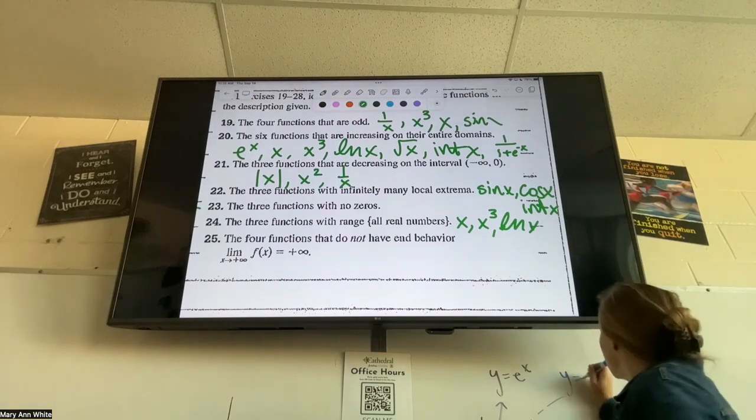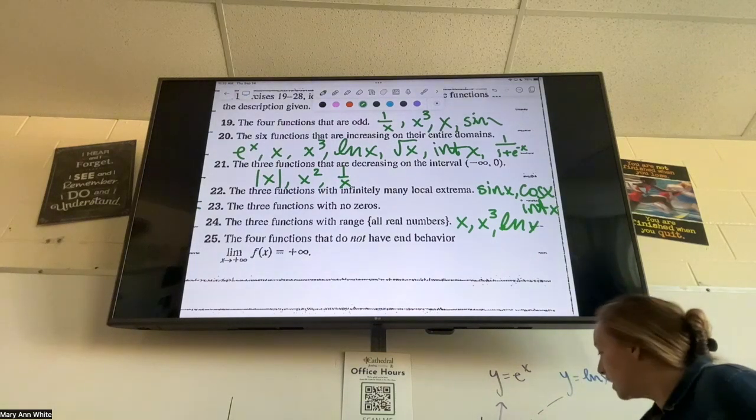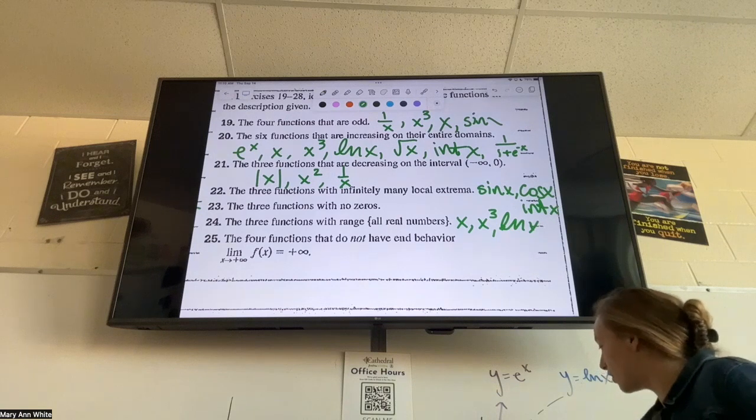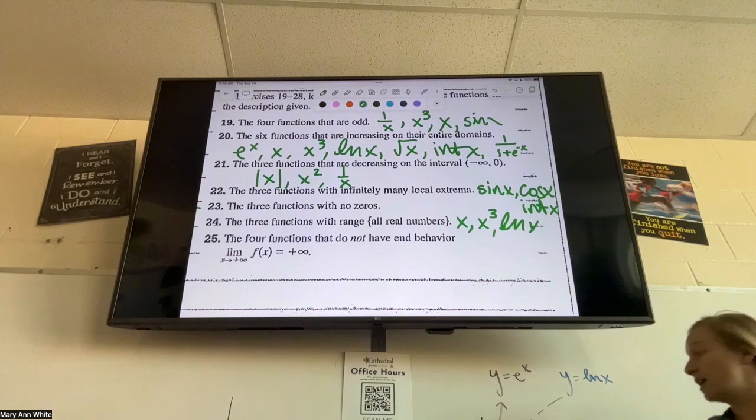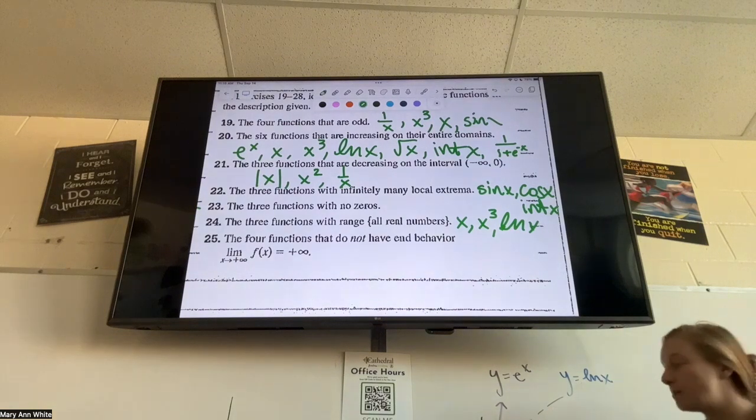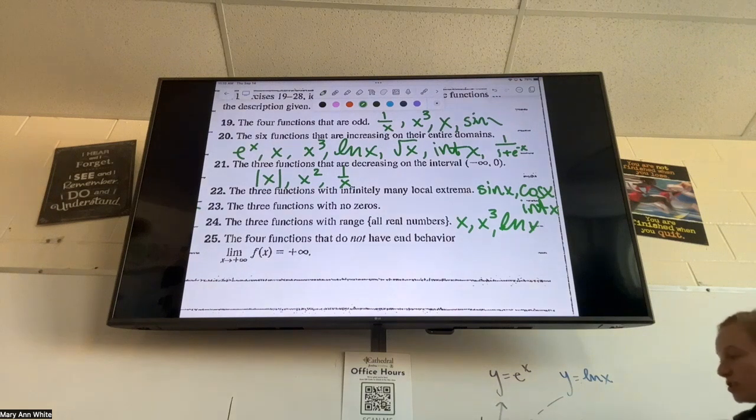My y equals ln of x is reflected over the origin axis. If this was all one function, it is symmetric about the origin. They are exact flips of each other.